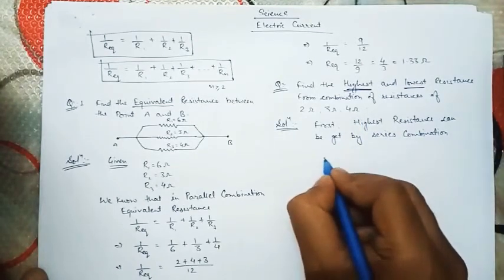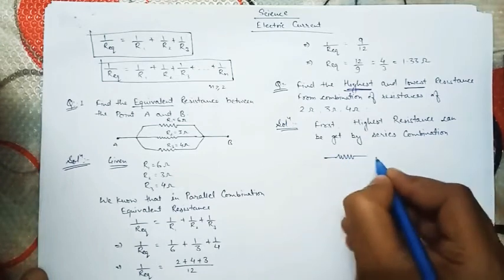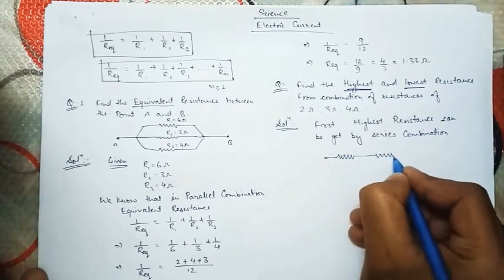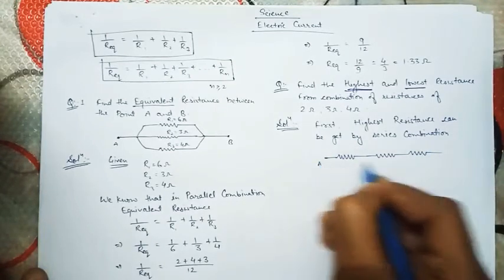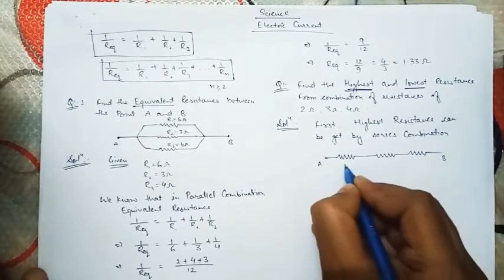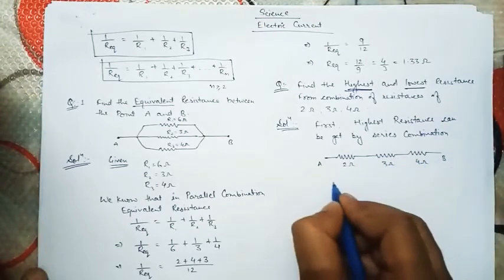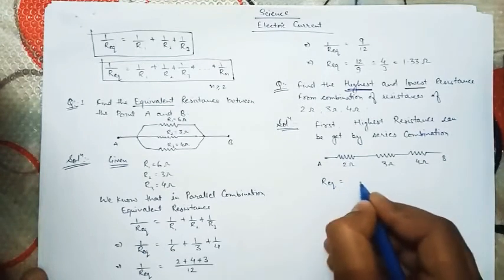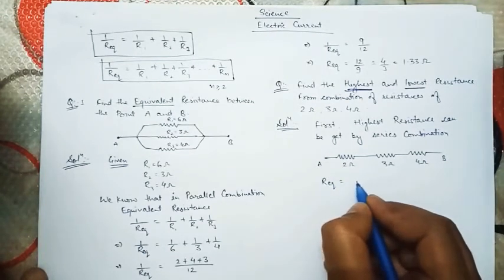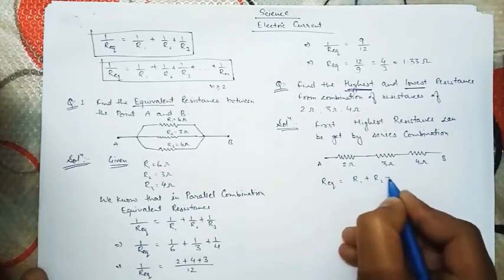Okay, now we draw the circuit diagram, that is three resistances connected in series. It is point A, it is point B. It is 2 ohm, 3 ohm and 4 ohm. Now what is the equivalent resistance? R equivalent equals, what is the formula of series combination? That is R1 plus R2 plus R3.